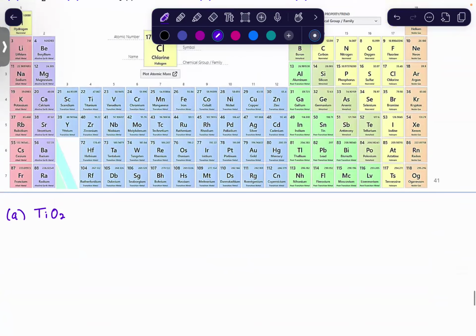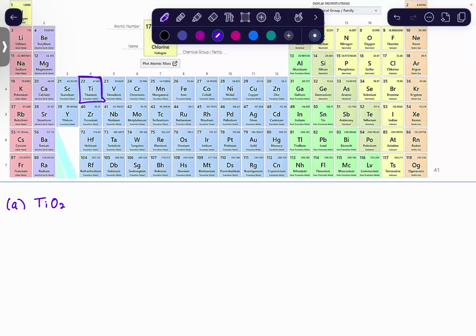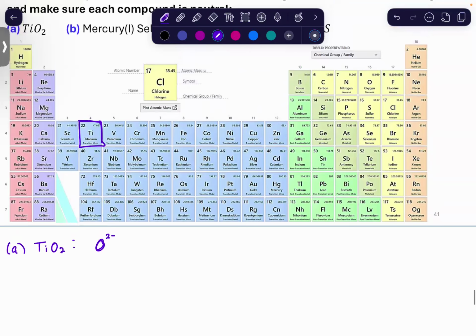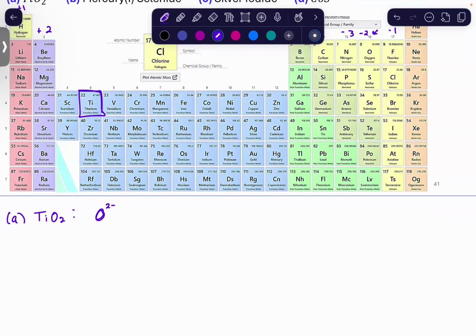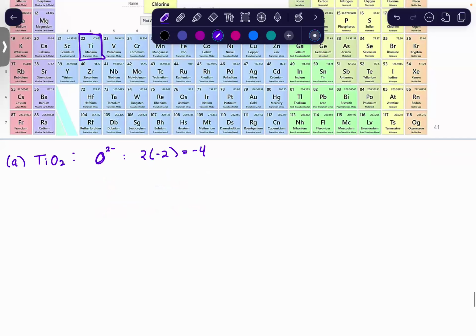Now, Ti is titanium, and that is right there. That is going to be a variable charge ion, so we don't exactly know what its charge is yet. Okay, well, oxygens, they are group 16, so that is your -2 column. So I'm just going to write -1, -2, -3, +1, +2 to kind of help me out. Oxides are a -2, and I have two of them. So you have a total charge of -4 from the oxides, and one titanium has to neutralize that.